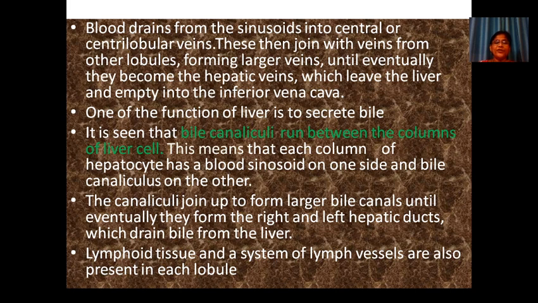The canaliculi join up to form larger bile canals until eventually they form the right and left hepatic ducts, which drain bile from the liver. Lymphoid tissue and a system of lymph vessels are also present in each lobule. That is about the structure, and I will explain this clearly in the video.